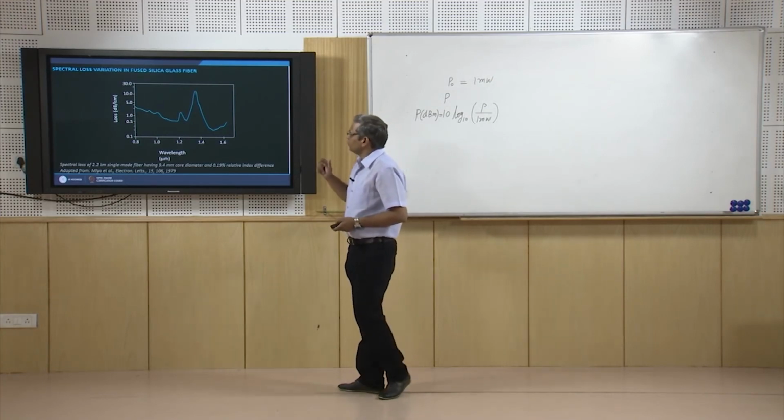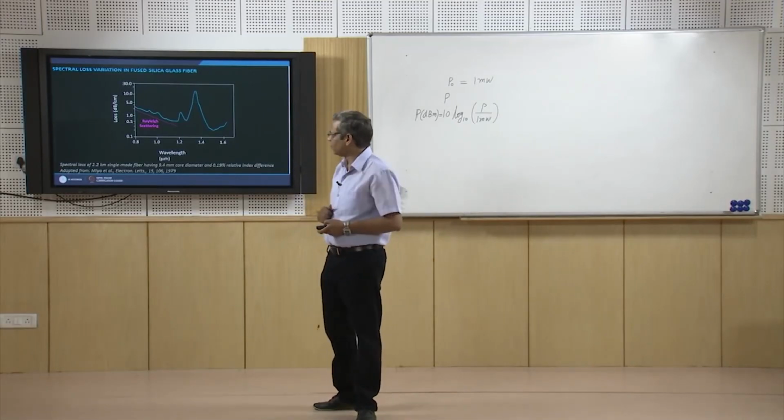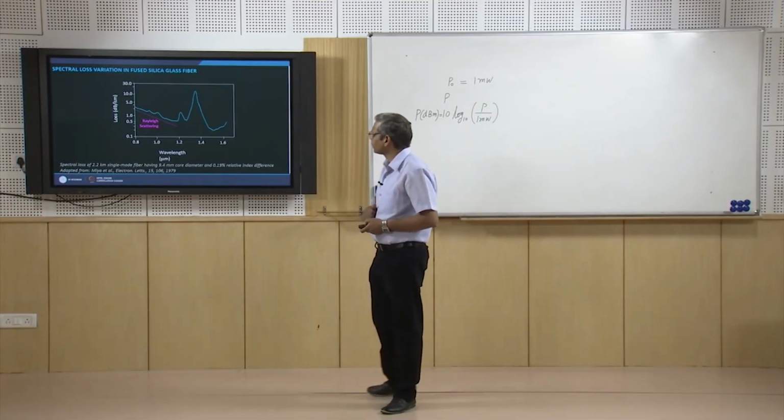So if you look at this, I see certain trends here. One is Rayleigh scattering. You can see that towards shorter wavelengths the loss increases, and if I see this trend carefully, it goes as 1 over lambda to the power 4. So it is Rayleigh scattering.